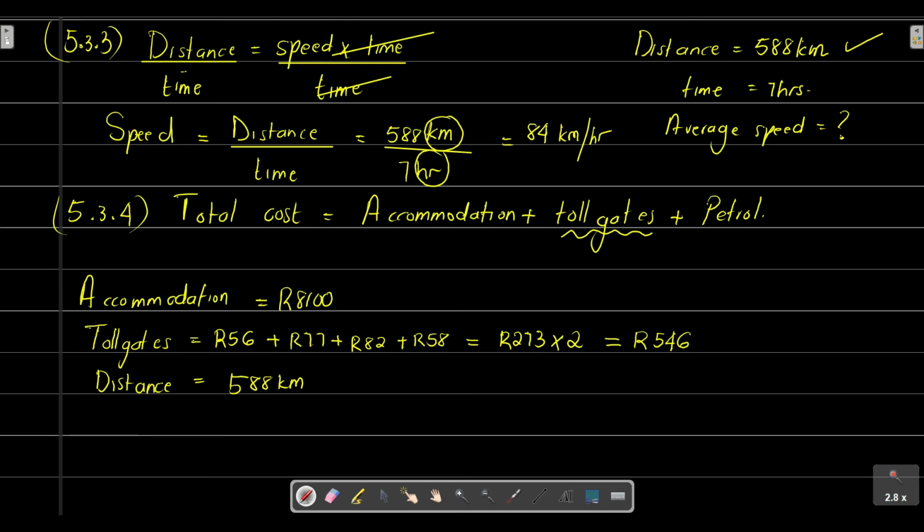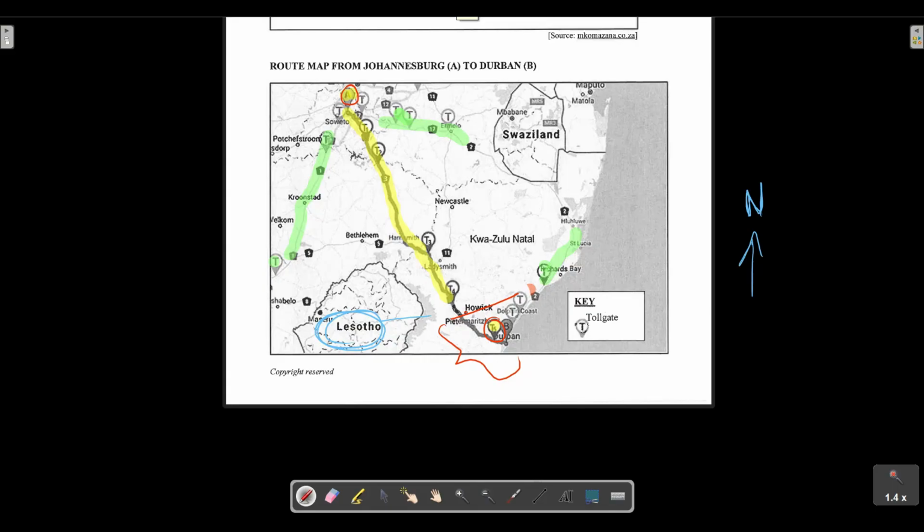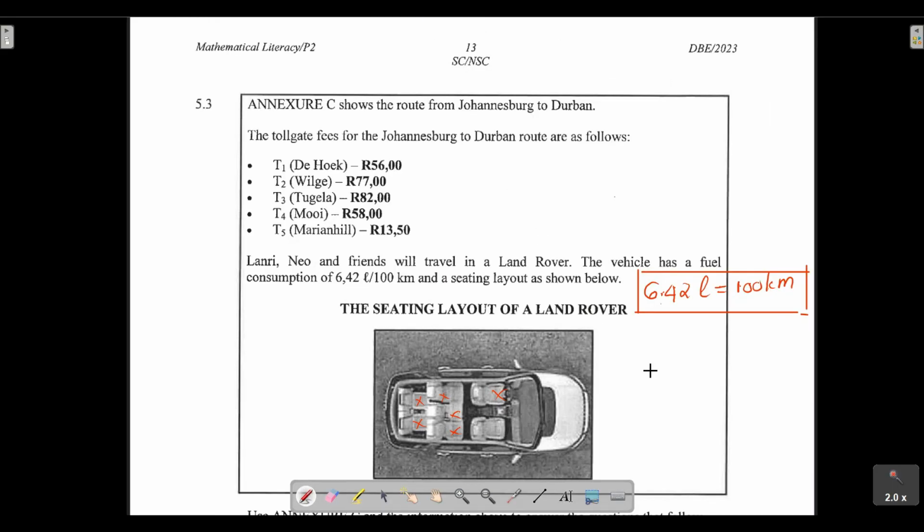That is why I said it's very important to write down this small information, because it's going to come in handy when we want to calculate something. How is this equation going to be useful to help us calculate how many liters of petrol this Land Rover is going to use? Remember, we are told that the vehicle has a fuel consumption of 6.42 liters per 100 kilometers.